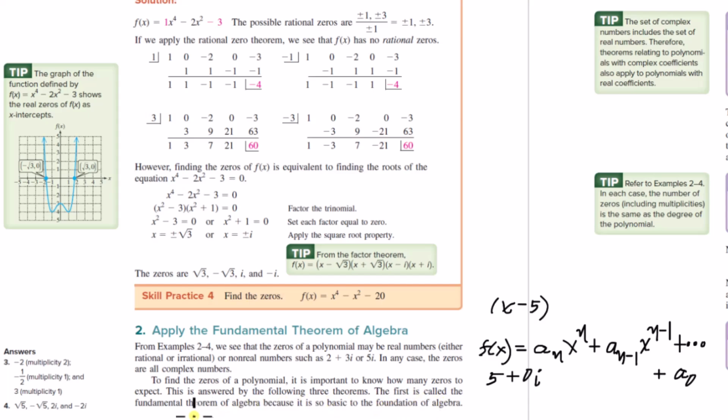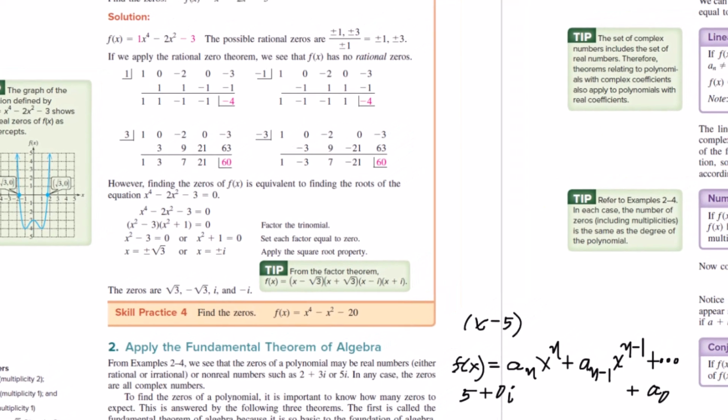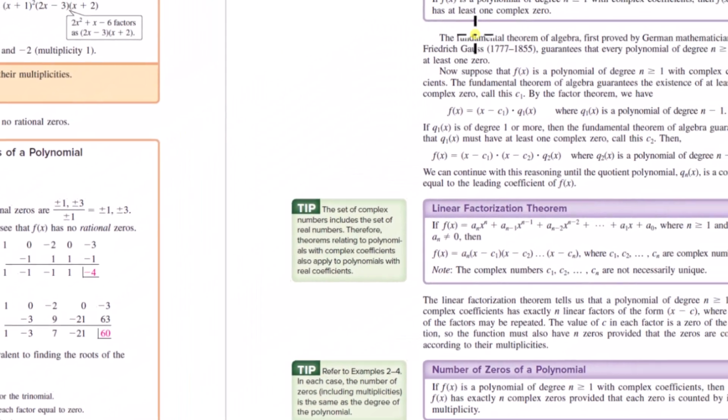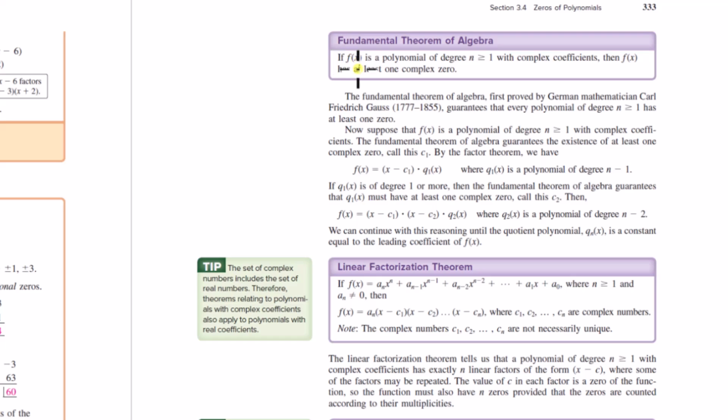The first is called the Fundamental Theorem of Algebra because it is so basic to the foundation of algebra. Okay, so here's the Fundamental Theorem of Algebra. Now, this is a little confusing. So let's read this. If f of x is a polynomial of degree n greater than or equal to 1 with complex coefficients, which includes real numbers, right?